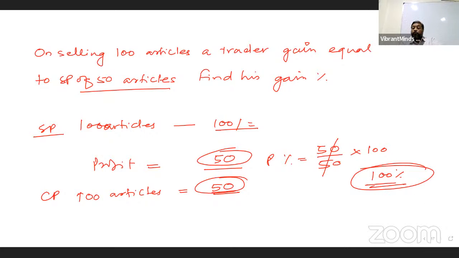Let's go to the next question. If cost price is 90% of selling price, find the gain percent.